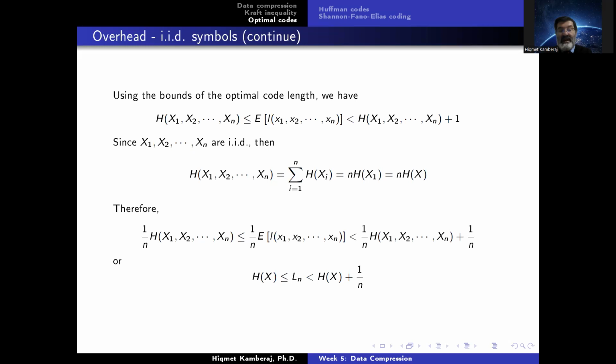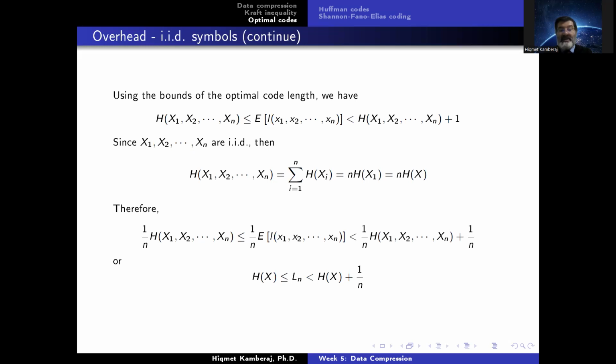Therefore, if we divide both sides of equation 1 on this slide by n, since 1 over n is a positive number, the signs of the inequality do not change. Then you get 1 over n times the joint entropy is less than or equal to 1 over n times the expected value of L, which is less than 1 over n times the joint entropy plus 1 over n.